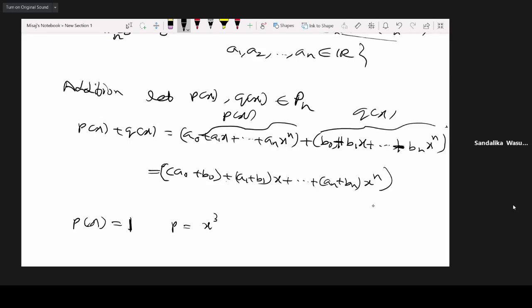Third degree polynomial. p(x) is minus x squared plus x cubed. This is also a third degree polynomial. We have to check the highest degree in that polynomial, and we can say that it is a polynomial of that particular degree.